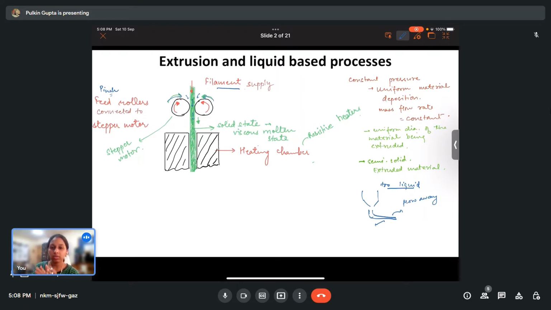As it moves downwards, it reaches the heating chamber where it is converted into a semi-solid or molten-like state, kind of a jelly form and not a complete liquid. At that stage, it is heated using resistive heaters, inductive heaters, capacitive heaters, etc. And then it is extruded through a nozzle.